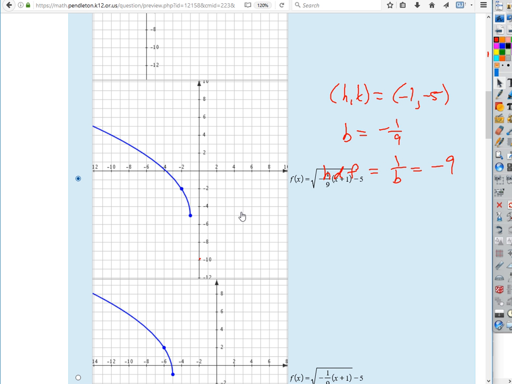The inputs, the horizontal distances, we square root to get the vertical distances. If we go over 1, the square root of 1 is 1, so we go up by 1. If we go over 4, the square root of 4 is 2, so we go up by 2. Over 9, we go up by 3, exactly.